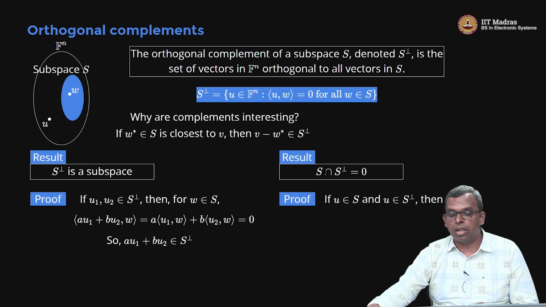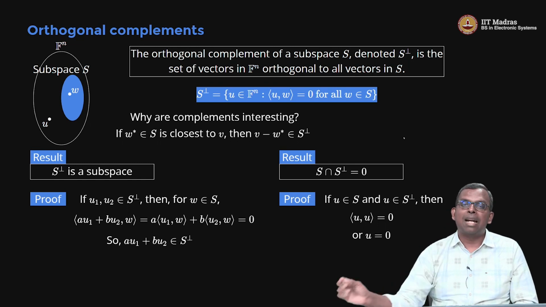What is the intersection? The vectors that are in both S and S perp. I am claiming that can only be the origin. So, suppose there is a u; I have to show that this u is 0. u is in S and u is in S perp, which means the inner product of u with u has to be 0. Now, what do we know? The only vector that satisfies this is u equals 0. So, this intersection is only 0.